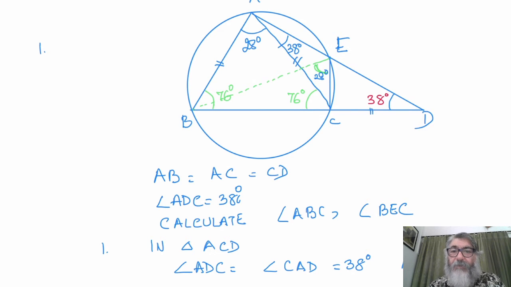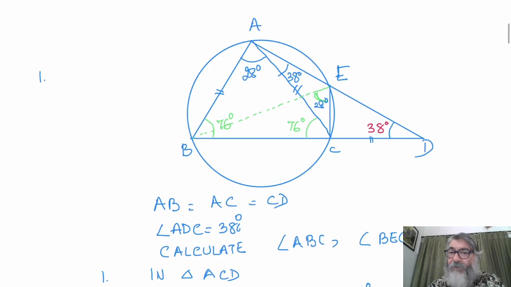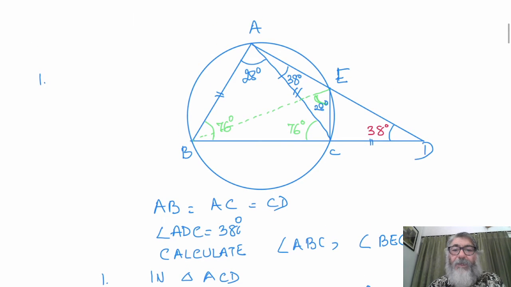Now you can see in the figure, BAC and BEC are two triangles whose base is the chord BC, because the chord divides the circle into two segments, and BAC and BEC are two triangles formed in the major segment, so their vertical angles will be equal.